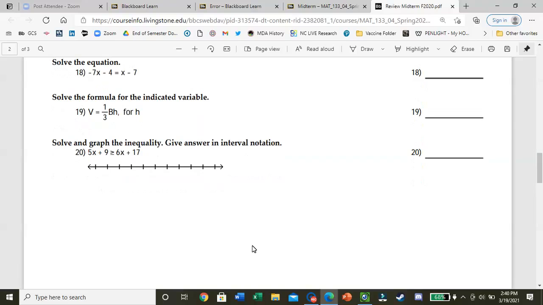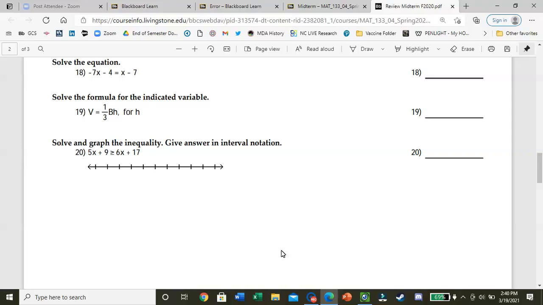All right, number 18. Solve. We're just solving. We've got x's on both sides. Do we need to see that one? Let's go ahead and do that one. Number 18, we've got negative 7x minus 4 equals 2x minus 7.